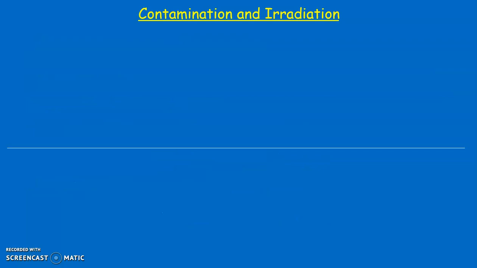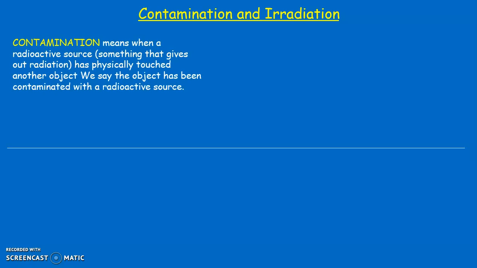So let's start with the definition for contamination and irradiation. Contamination is where a radioactive source, and radioactive source means something that actually gives out the radiation, the physical object that is radioactive. So contamination is where the radioactive source, the radioactive stuff, has physically touched another object.